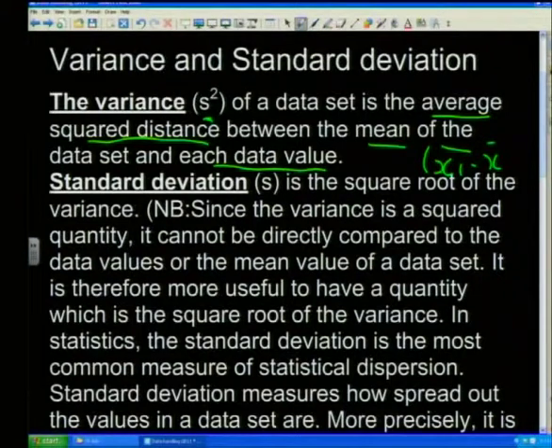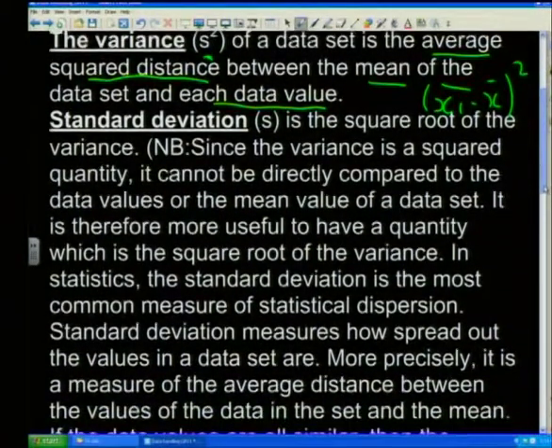Remember, x bar represents your mean. And we're going to square all of those, and then we sum them all up, and we divide by the total number of values in that set. So your variance is the average squared distance between the mean of the data set and each data value. And really, it will make more sense when we do an example.